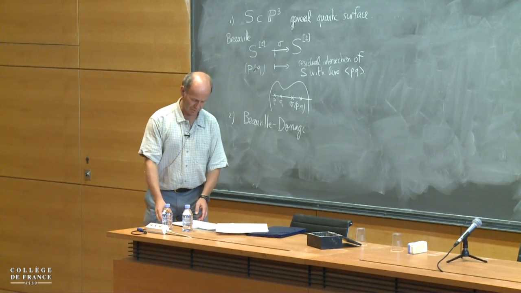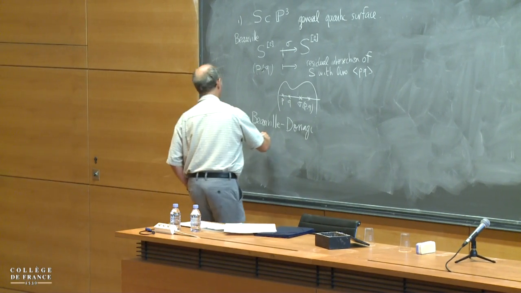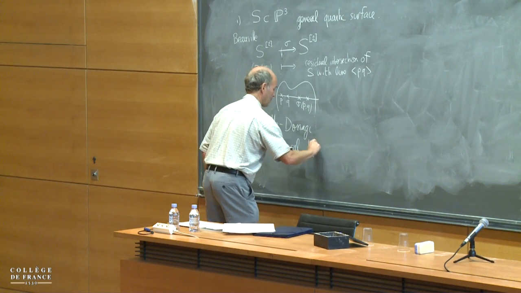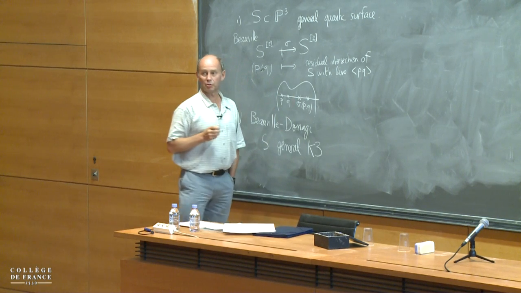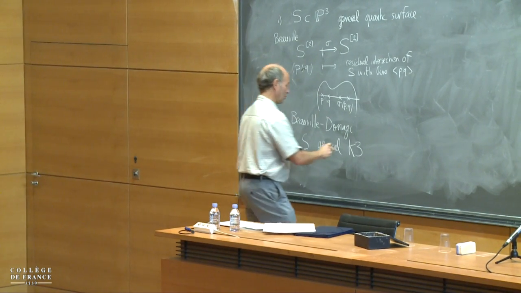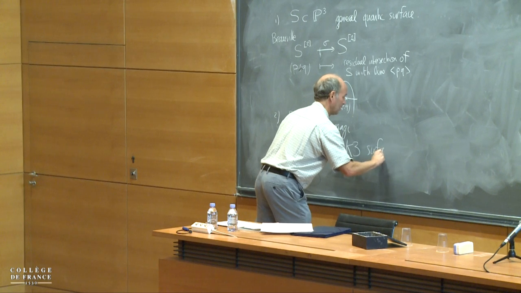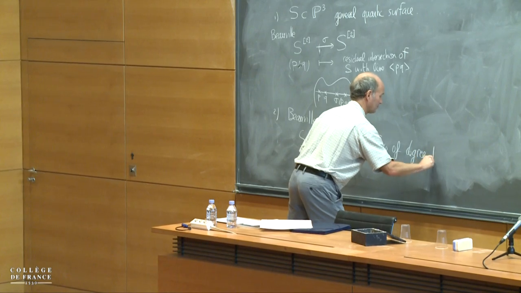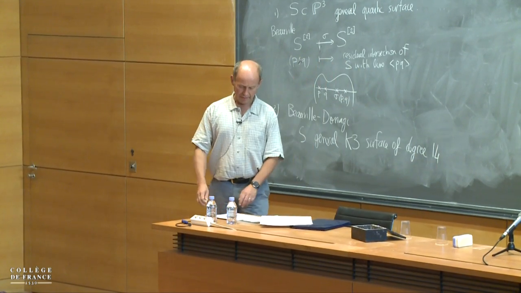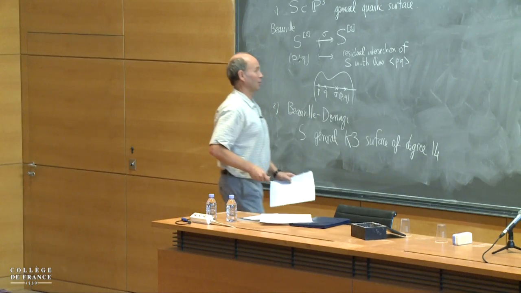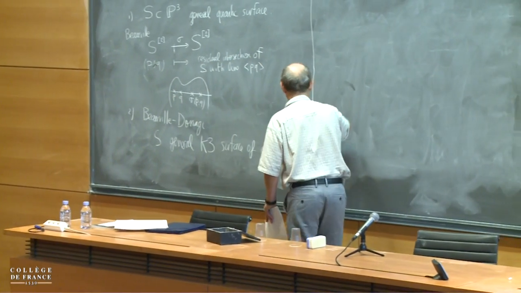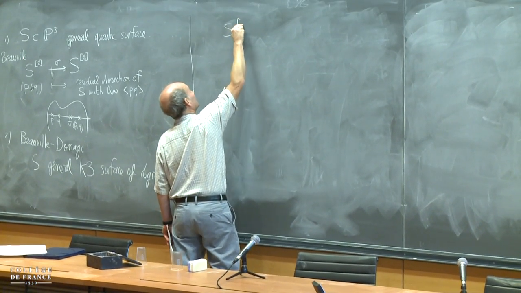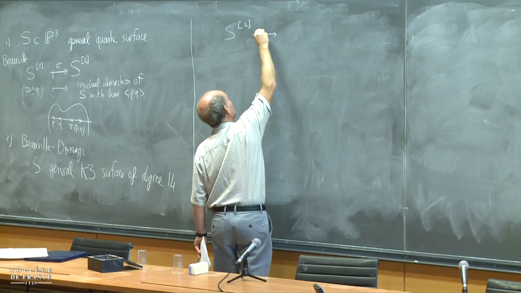So I won't give the definition, but if you take S, a general K3 surface of degree 14, then there's a beautiful geometric construction which shows that the Hilbert square of S is actually isomorphic to the surface of lines.